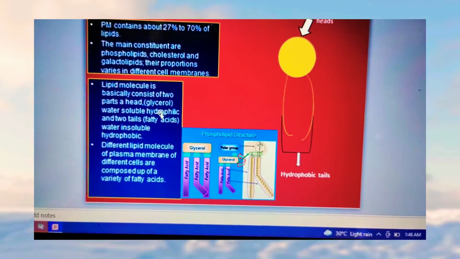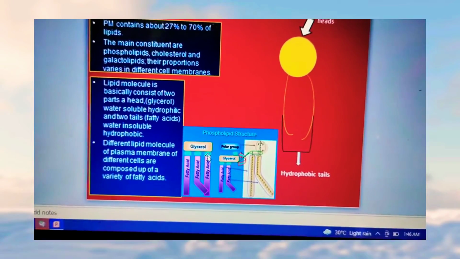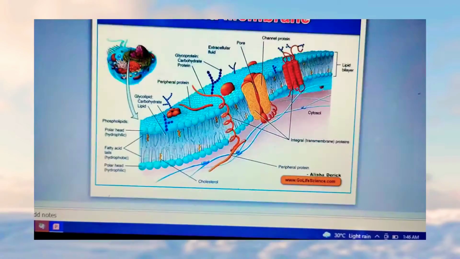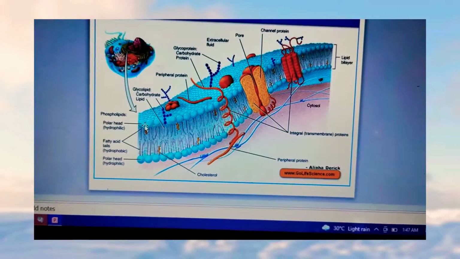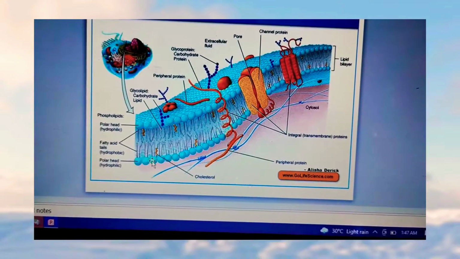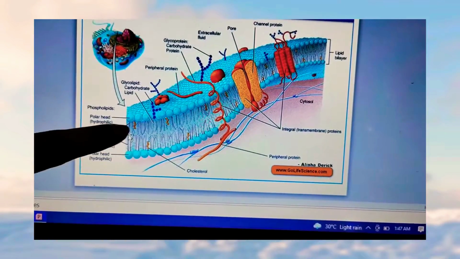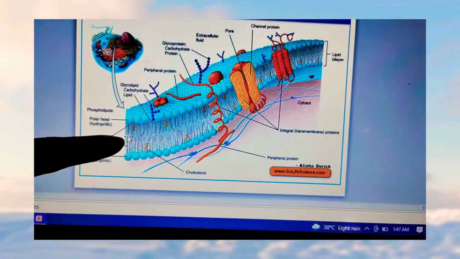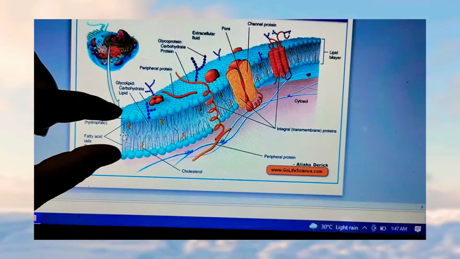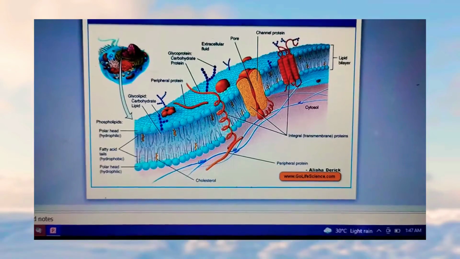So it consists of a head. As I have said, this hydrophilic polar head is glycerol, and this tail is the polar tail, which is the fatty acid. These two polar heads are the glycerol, and this polar tail is the fatty acid.